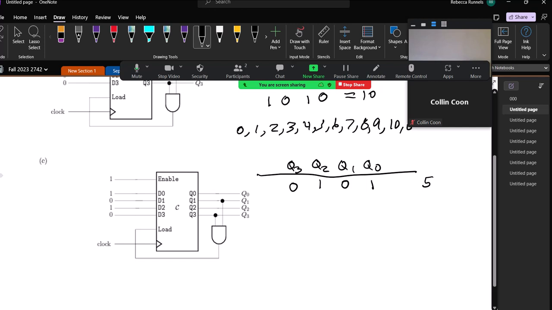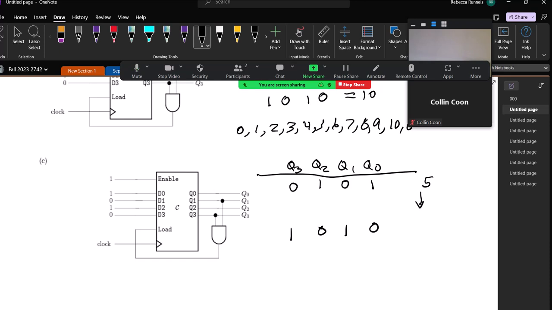We still have that we're going to reload when Q1 and Q3 are both 1s. 5 is definitely less than 10. And if I'm counting in order, if I'm starting at 5, the smallest number that'll have both a 1 in Q3 and a 1 in Q1 is going to be 10.